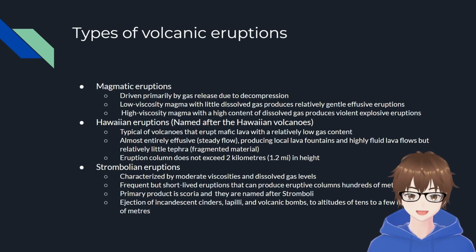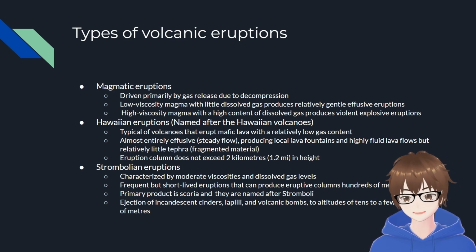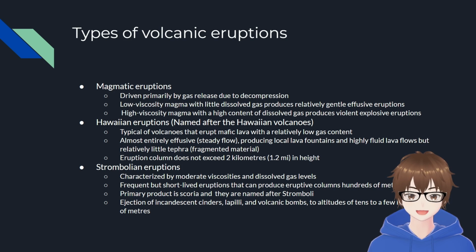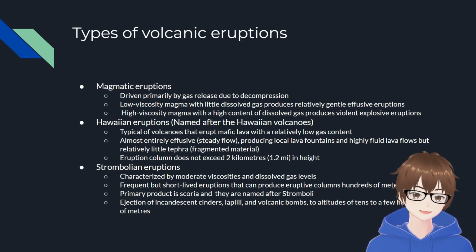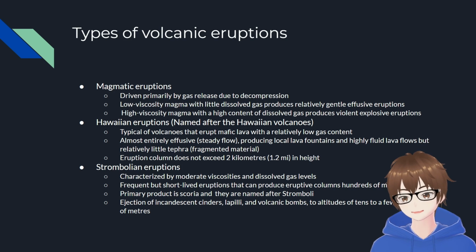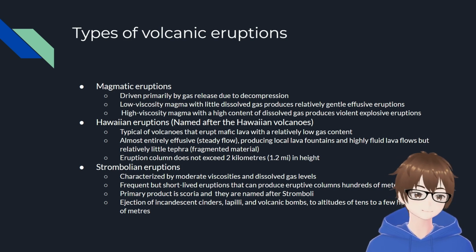So these eruptions are not that bad. Then they also have high viscosity magma, which has a high content of dissolved gases and produces violent explosive eruptions. So there are really two different types of magmatic, either high or low viscosity. Low viscosity, not a very bad eruption. High viscosity, could be pretty bad.